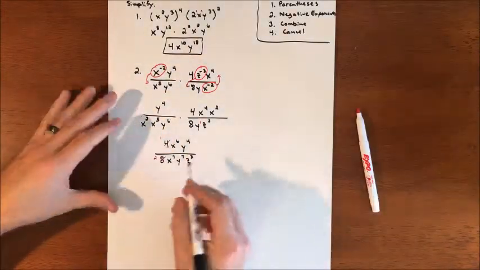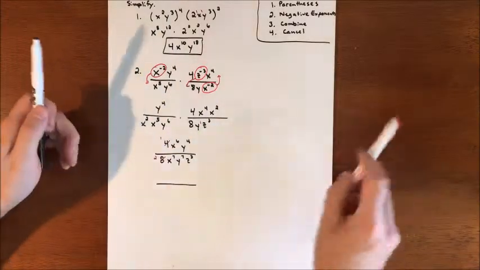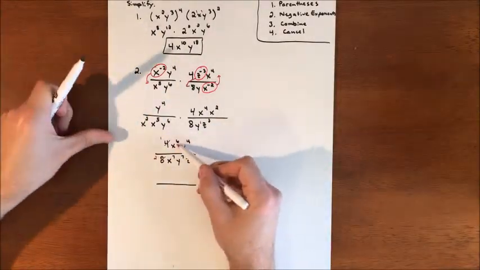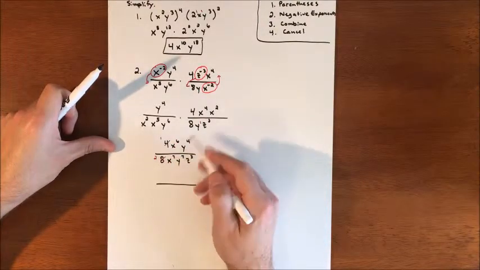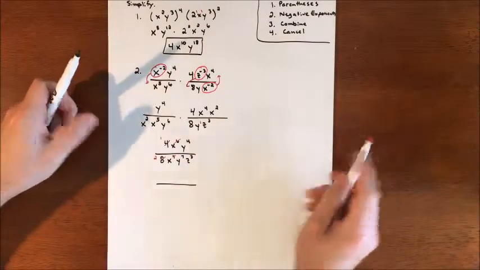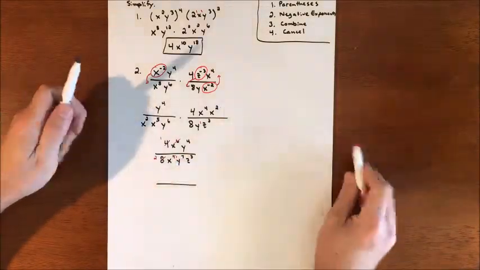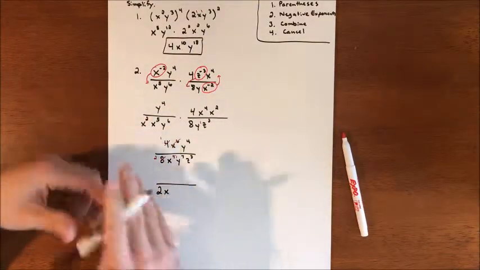4 goes into 4 one time, 4 goes into 8 two times. All right, and then I can start canceling. So I have, again, I look at this a little bit different: where do I have more x's? I have more x's on the bottom by 1, so 6 of those are going to cancel 6 of those and leave me with 1. So I'll have a 2x on the bottom.